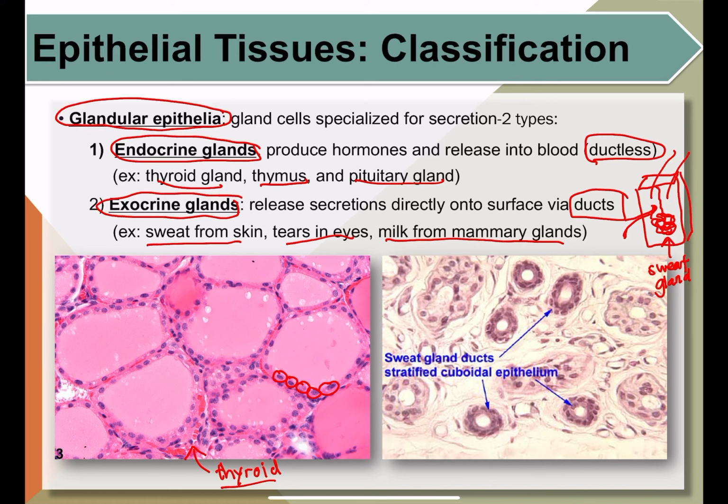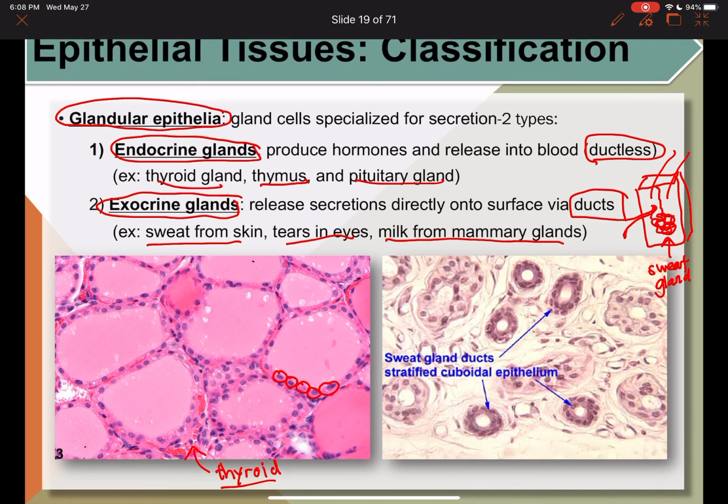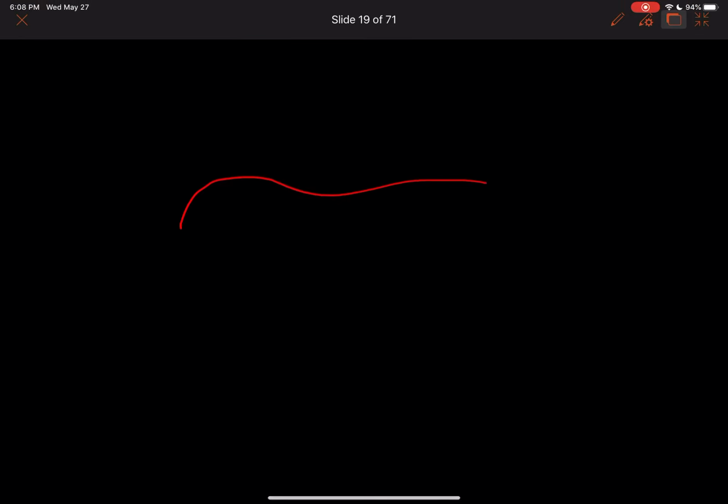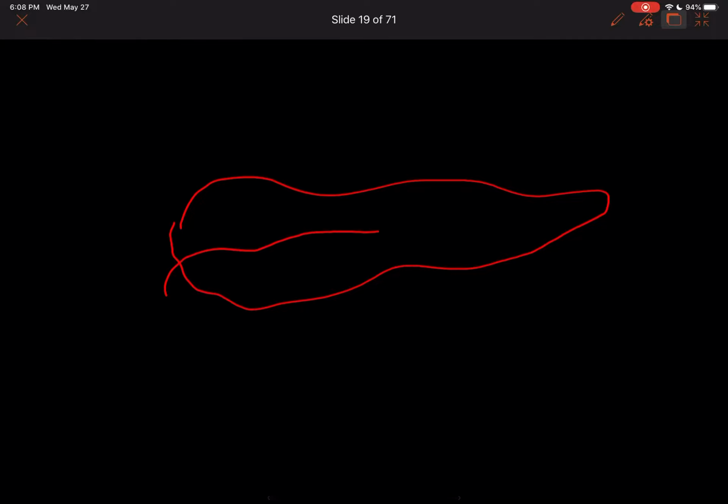So these digestive enzymes have to go through a duct called the pancreatic duct, and there's a duct that leads the secretion to its destination in the small intestine. So if I were to draw this out, usually the pancreas is kind of shaped like a little fish. And then you see that there's a central duct, okay? And all of these are divided into lobules, what we call.